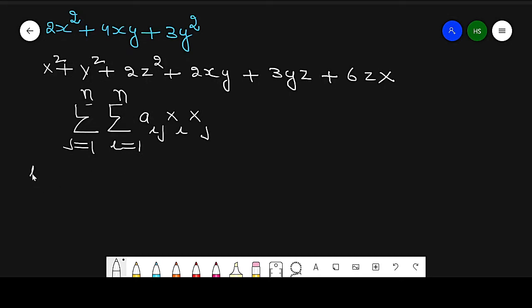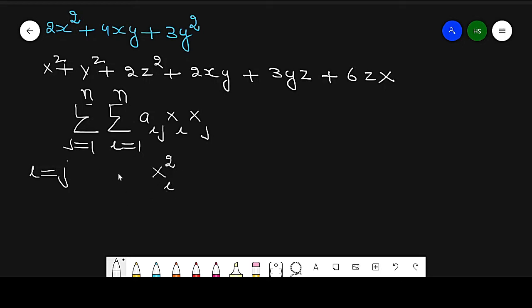When i equals j, we get a11, a22, a33 and so on, the coefficients of the square terms xi square.